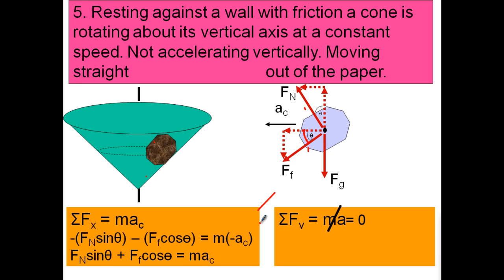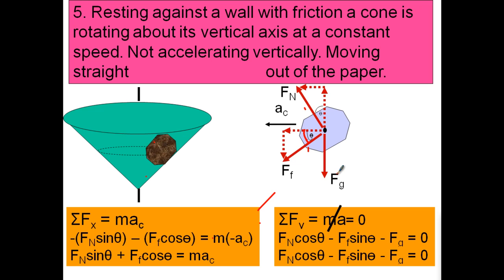Get rid of all of our negatives, and we can see that the x component of the normal and the frictional force equals our ma. In this case, we're talking about our y's. So the frictional force is y, the normal force is y, and gravity is all y. And they all add up to 0. So solve for whatever we don't know.